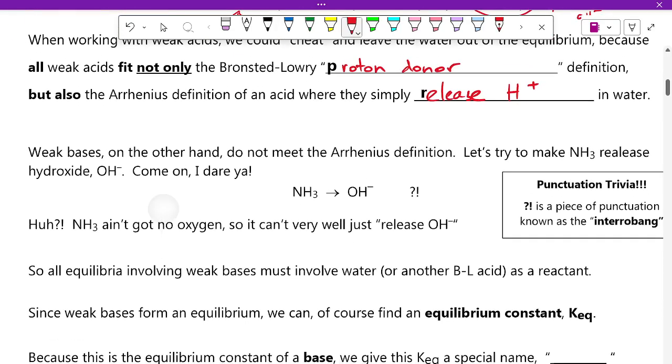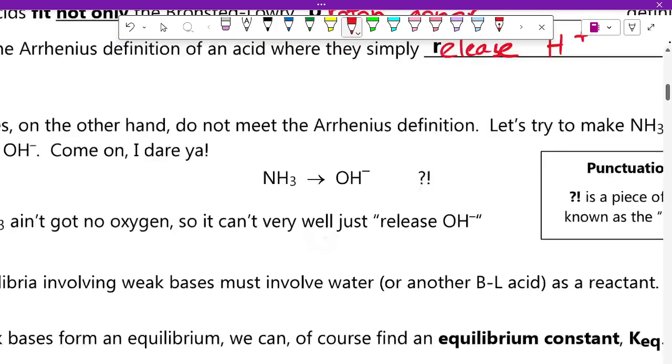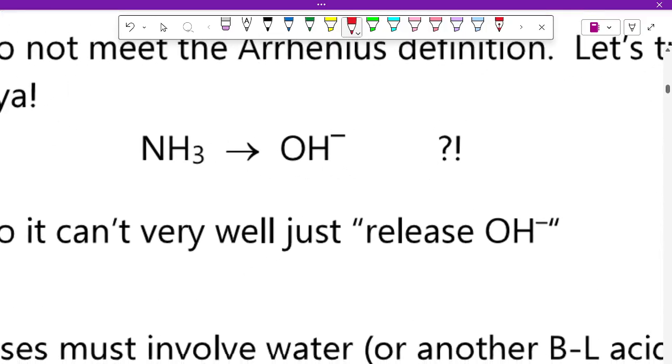Weak bases, though, do not meet the Arrhenius definition. Can you make NH3 release OH? Is there any way to make this happen? Just release it? No.